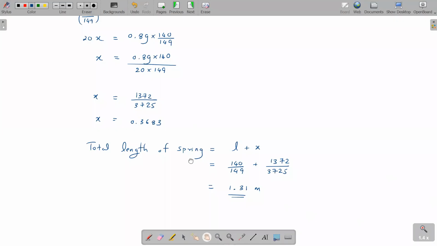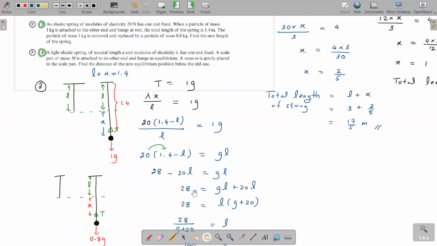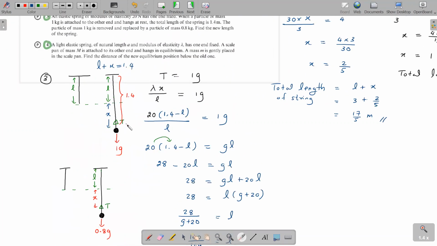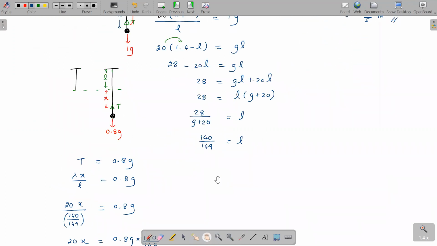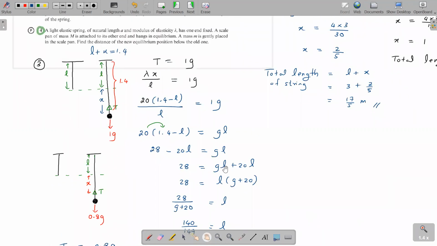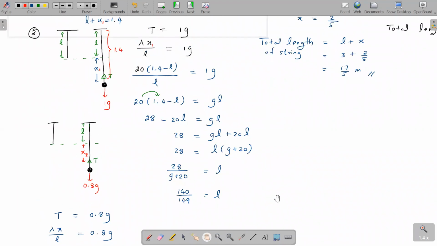Actually, there is a point here: we have used x twice, because in the first sum with the 1 kilogram particle I used x for the extension, and even for the 0.8 kilogram particle I used x as the extension. So you could change it and say this extension is x1 and this extension is x2, or give two different letters for the extension. I think that would be better, right? Because do we have the same extension for two different weights on the spring?